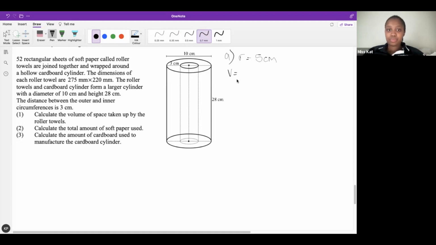Volume is pi times radius squared times height. Nice. Okay, so pi, we can use the one on our calculator. My radius is 5 squared. What's my height? 28.